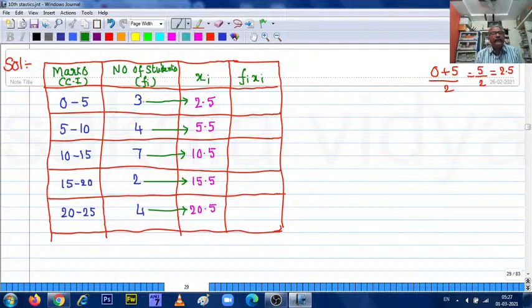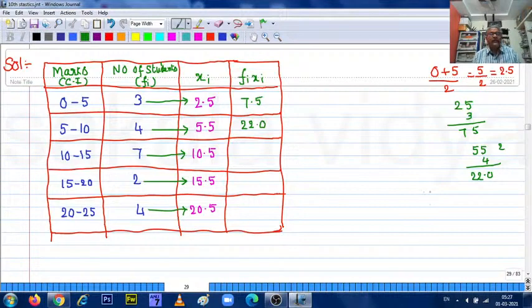So 2.5 into 3: generally you multiply 25 with 3, which is 75, but with 1 decimal point, it will be 7.5. Now 55 into 4: 4 fives are 20, 220, with 1 point, so this will be 22.0.